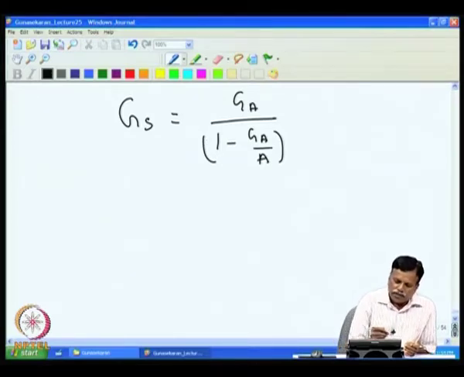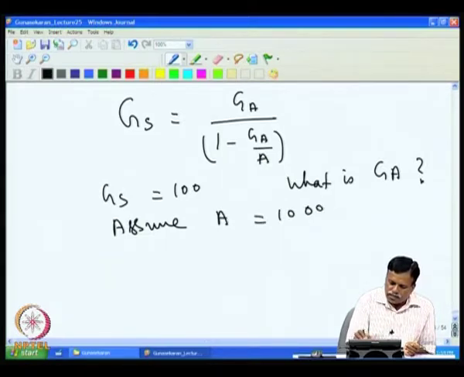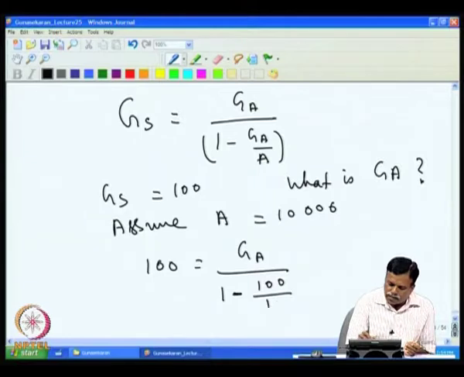For example, if I take a typical op amp and I want a gain of 100, then Gs is equal to 100. Then what is Ga? Assume A is equal to 10,000, the open loop gain is 10,000. Then the set gain 100 is Ga divided by 1 minus Ga by 10,000.